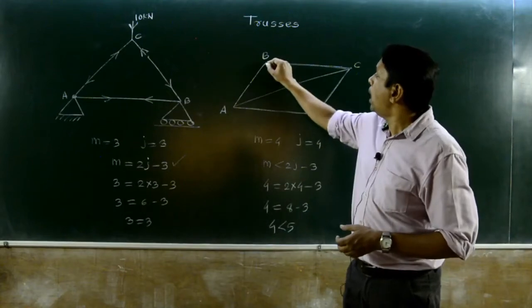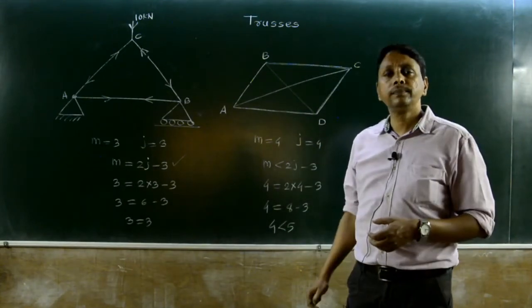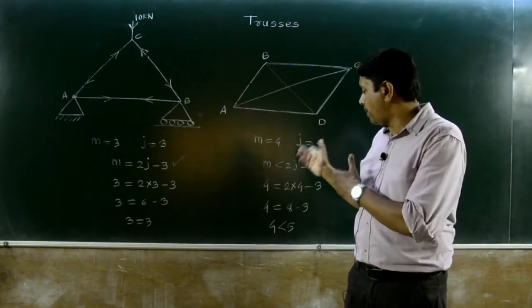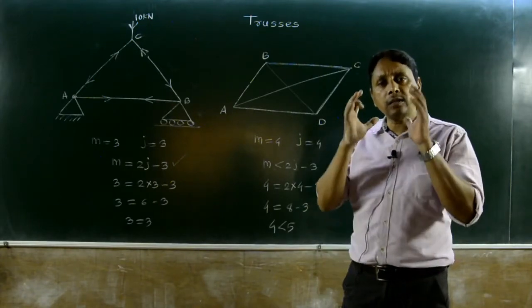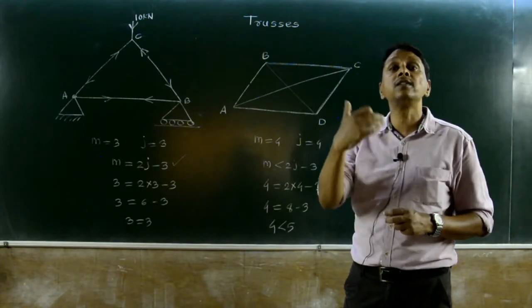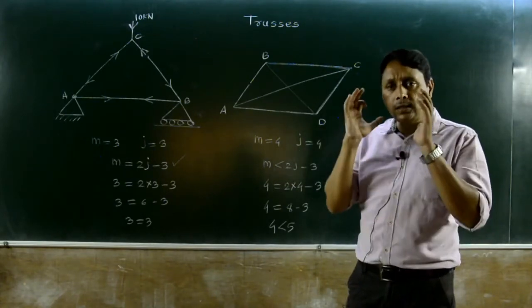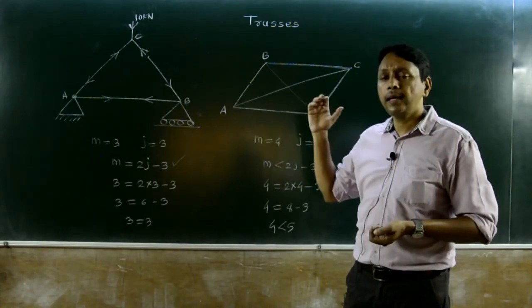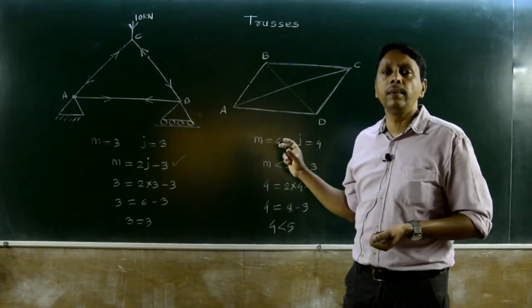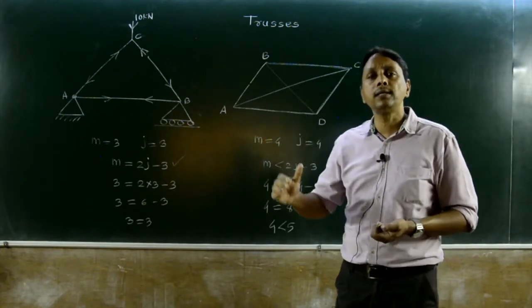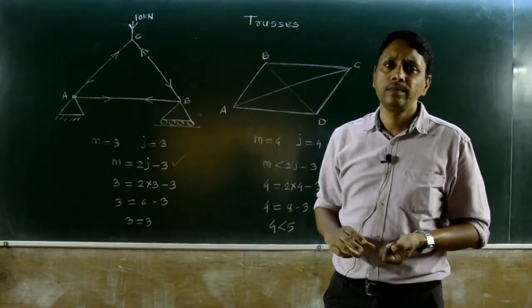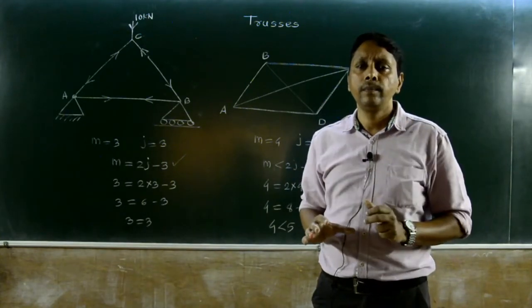Here also I add one more member. There are 6 members, the requirement is 5. But that extra member never gives extra stability. It is an overstiff truss. So basically a truss is perfect, imperfect, stable, or unstable. An unstable truss we also call a deficient truss. This is just theory.